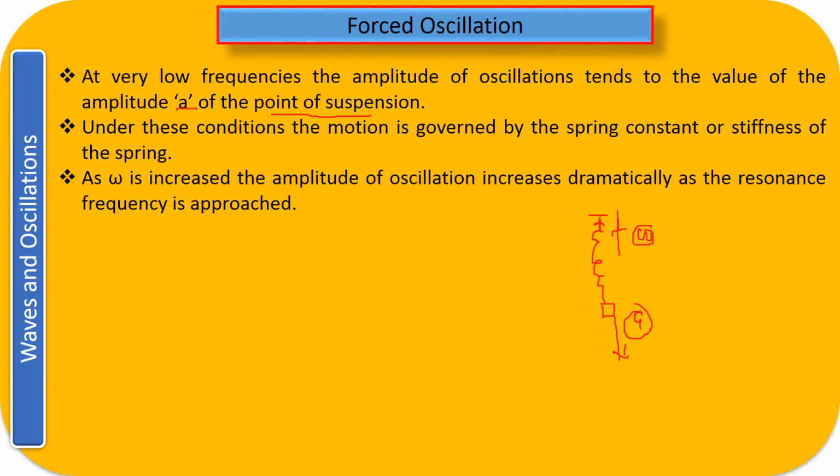So what I am telling you is, let us suppose you slowly increase the angular frequency ω. As you increase it, the amplitude, that is the value of x from the mean position that we had taken in the previous slide, is going to increase.